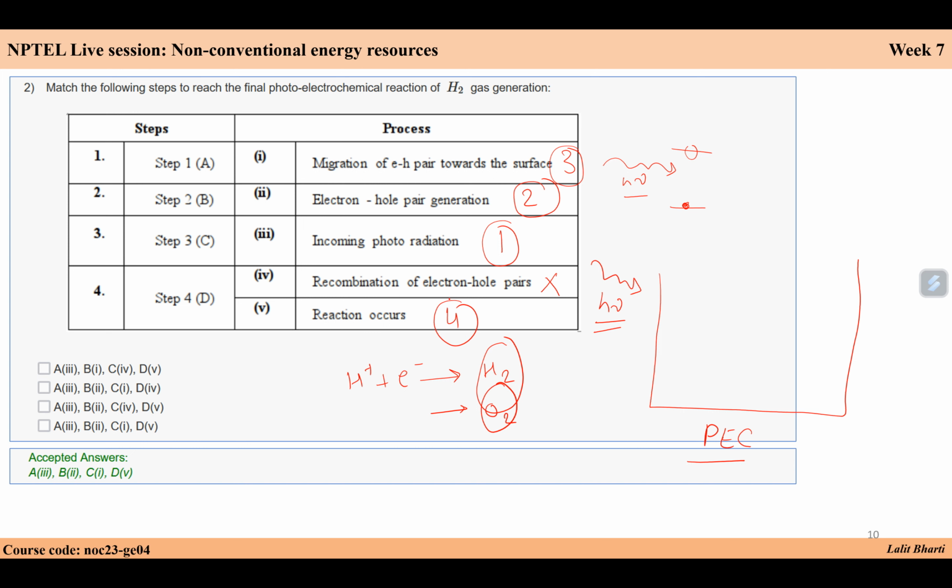So our options are A to third, B to second, C to first, and D to fifth. So our option 2 is correct.